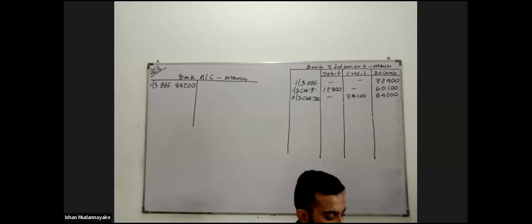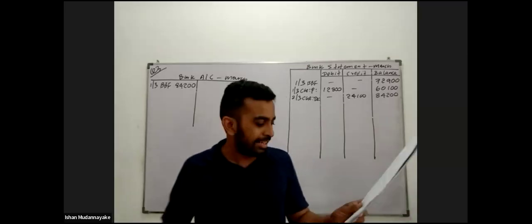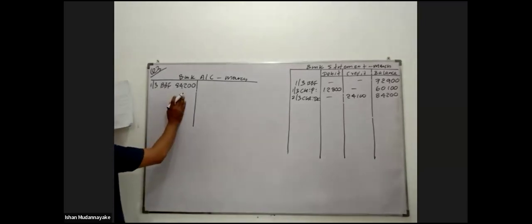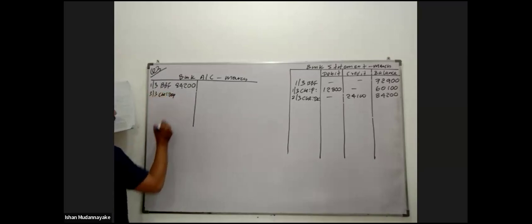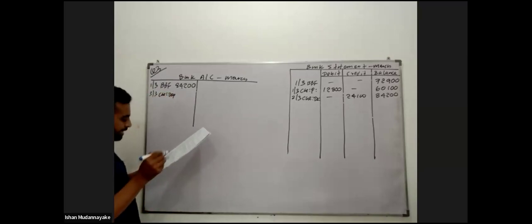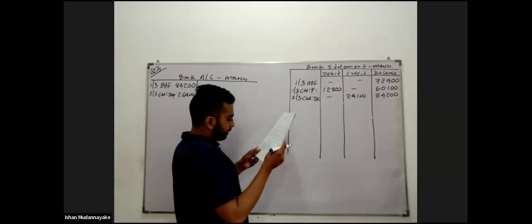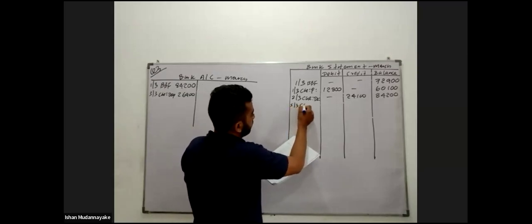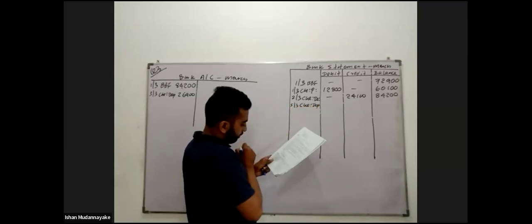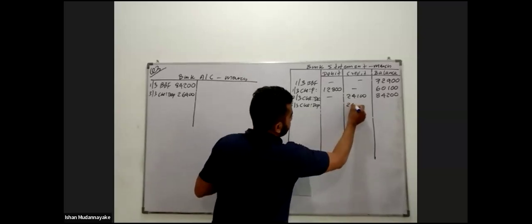So check 26. Third March, bank account debit. Here, there's nothing regarding whether that check was received from debtors or not. Just write down in the bank account, third March, check deposit 26,400. And then the other date is 5th March, that one also check deposit 26,400.